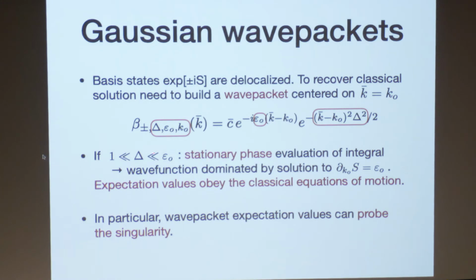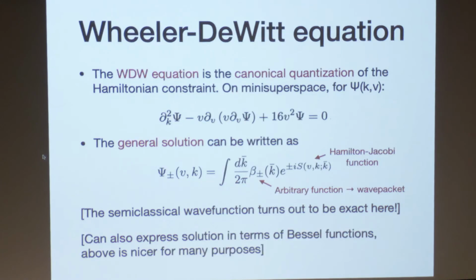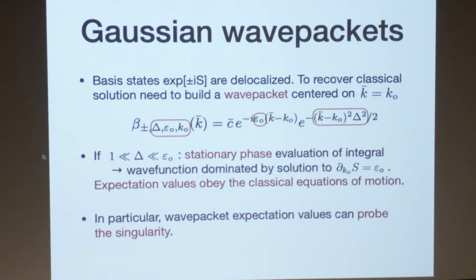Just like in quantum mechanics, you want your wave packets to be narrow but not too narrow, because if you make them too narrow, then the momentum, the conjugate variable, starts getting delocalized. If the width is in this range, then one can check that this integral, and in particular expectation values, which I'll tell you about in a minute, that involve integrals very similar to this one, you can evaluate in a saddle point approximation when epsilon 0 is large, they're peaked at k0, and the variance is small.